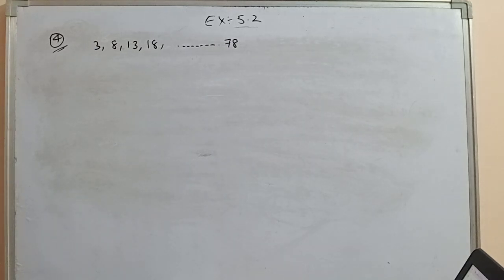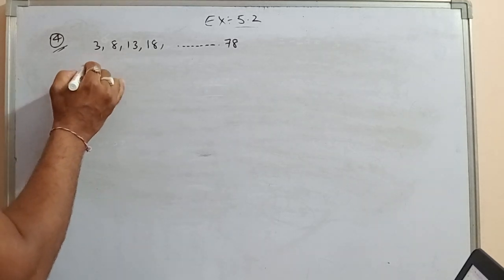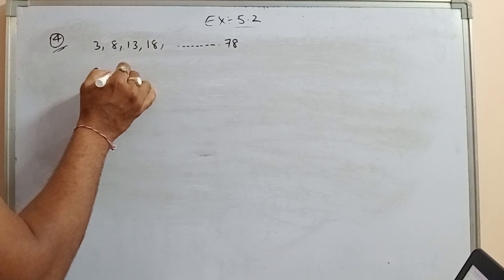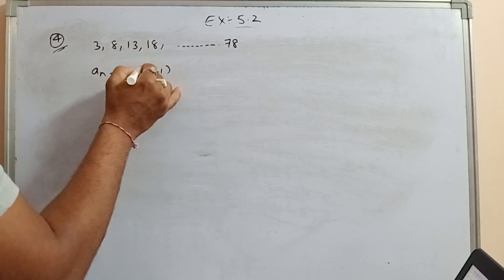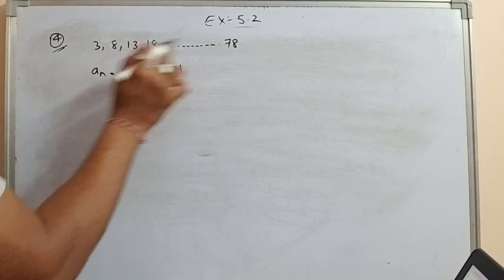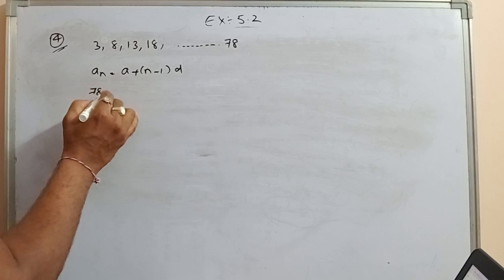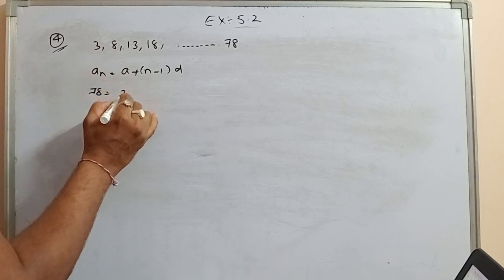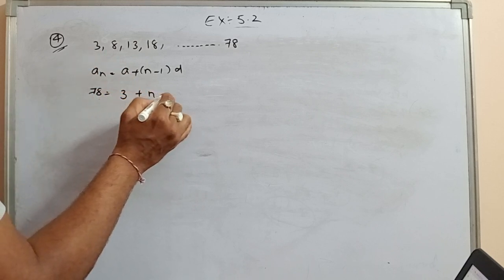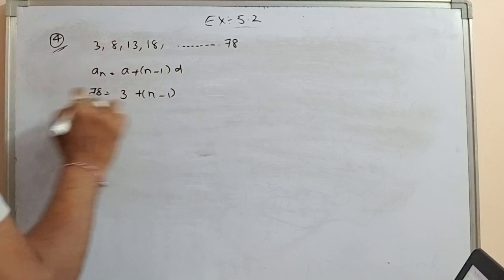Got it? Using the formula, an is equal to a plus n minus 1 into d. So an is 78, a is 3, plus n minus 1 into d, and we have to find the value of d.